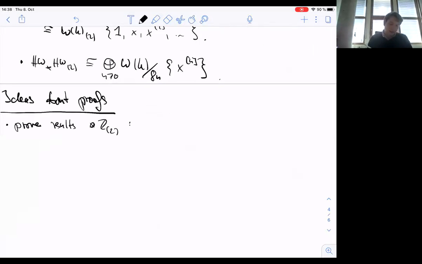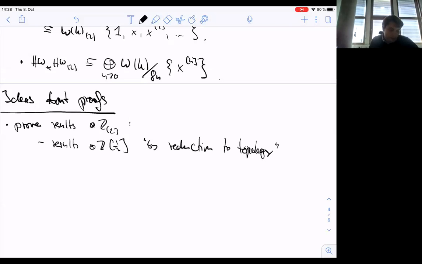And once you have this, you get these results tensored with Z[1/2] easily in some sense, by reduction to topology. And then you patch them together.